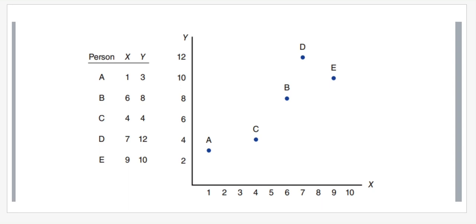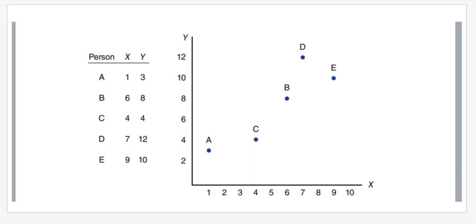So on the left, you have the chart we were just talking about, a list. We have the person or participant A, B, C, D, E. They're just labeled with a letter. So that's the participant. Then there are the scores for variable X for each person, and the last column is Y, the scores for variable Y for each person.